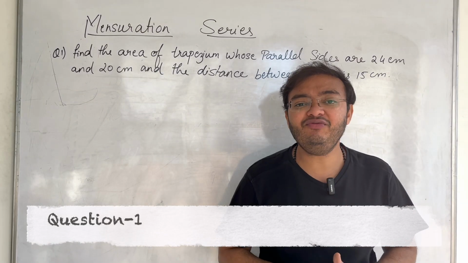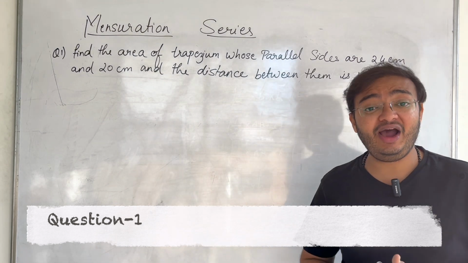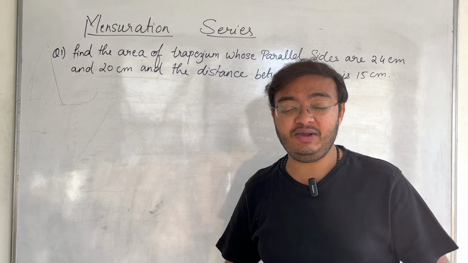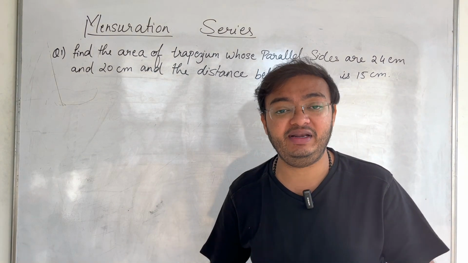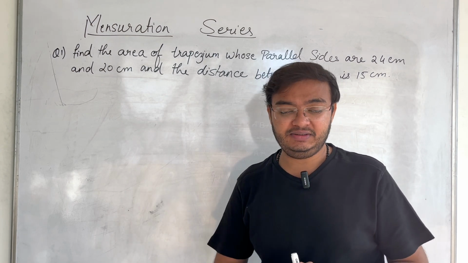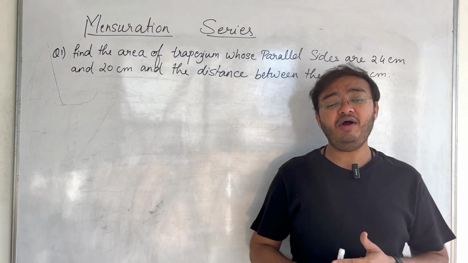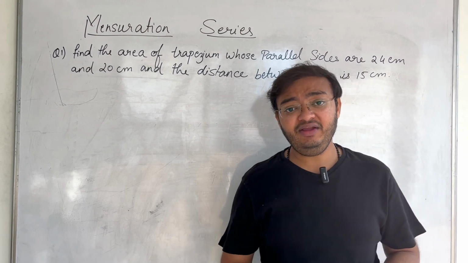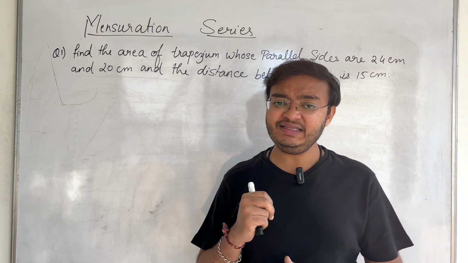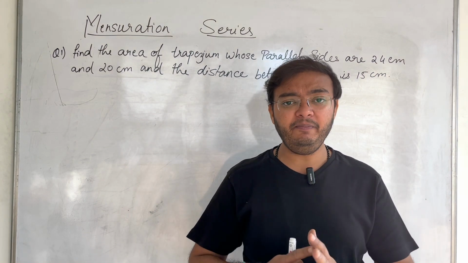So here is the first question related to the area of a trapezium. We have understood very well how the formula of the trapezium has been derived using two triangles. Now, what was the formula? Let us recall: in word form, it is half into the sum of parallel sides into the distance between the two parallel sides.